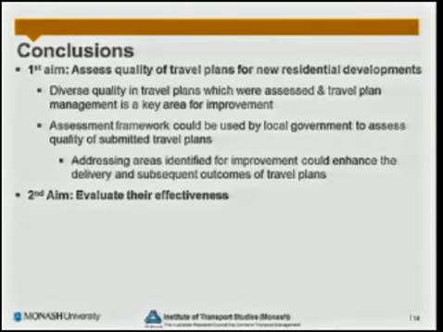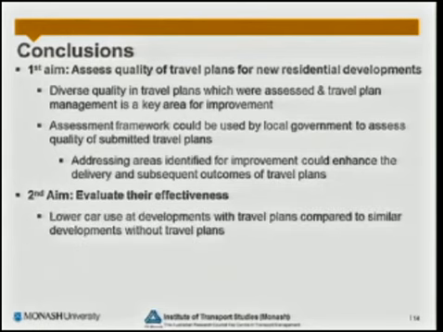And we think that if we improve the quality of those travel plans, that might increase the chance that we'll see the changes in travel behaviour that these travel plans are intended to produce. In terms of evaluating the effectiveness of travel plans, we did observe lower car use at the developments with travel plans compared to similar developments that didn't have travel plans.